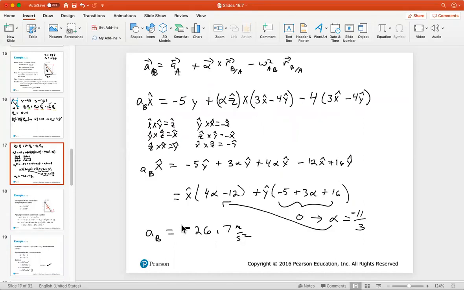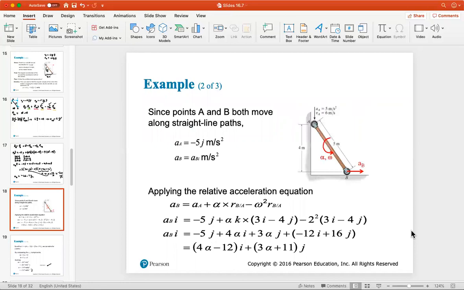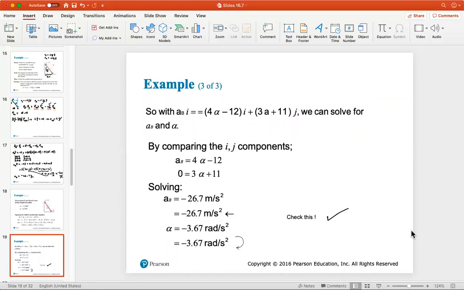So just to compare, if you type in negative 11 thirds, that's just negative 3.67 radians per second squared. So that's the same answer that they had.